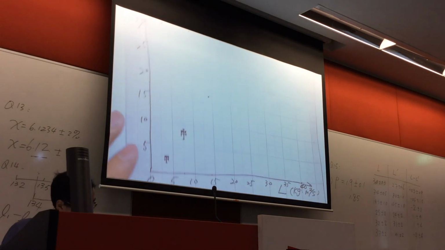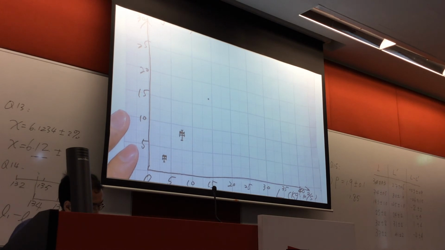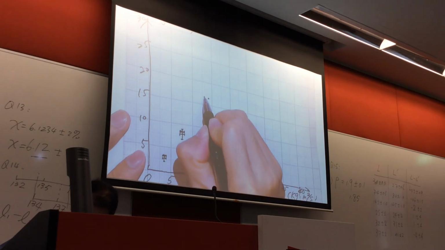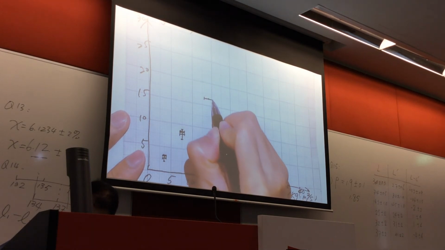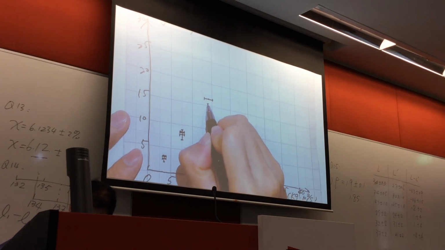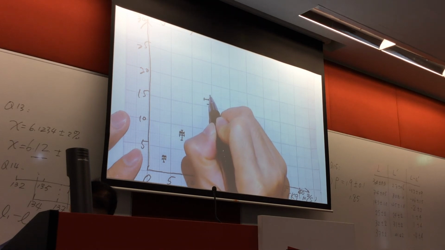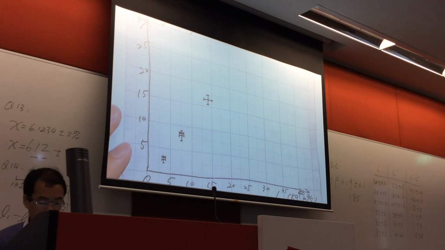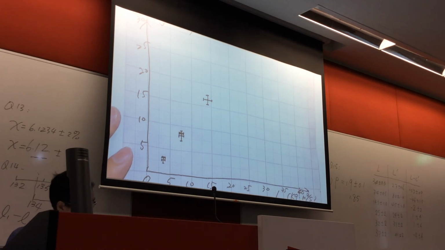And the x is plus minus 1.0, so it will be this one to here. 16.5 will be this one up to here. Okay, that's your third point.